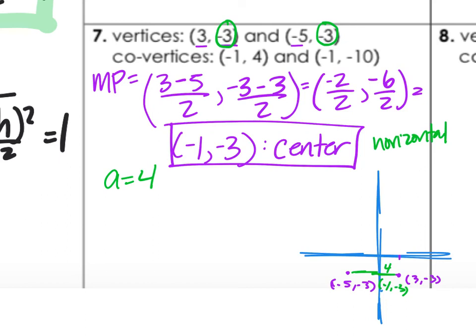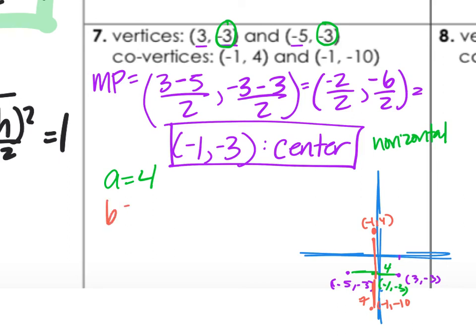But now the conjugate axis, which is the segment connecting your co-vertices, and your co-vertices are at -1, 4, which is about here, and then -1, -10, which is a little down here. That's vertical, so this is obviously a horizontal hyperbola, and the distance from the center to each one of these is 7.